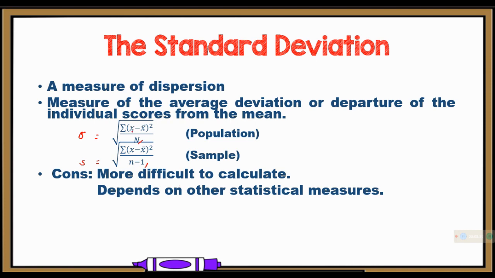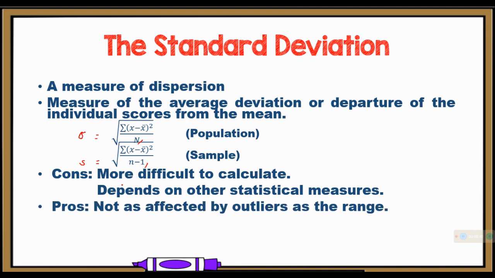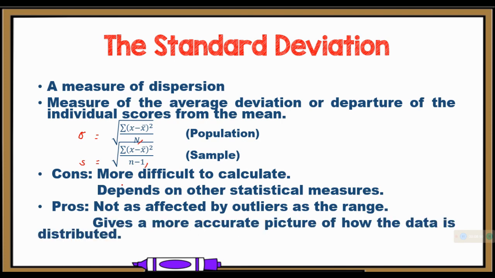So, it depends on the mean and also the n, or the number of samples or the number of observations in the population. Now, what will be the advantage of getting the standard deviation? It is not as affected by outliers as the range. And also, it gives a more accurate picture of how the data is distributed.